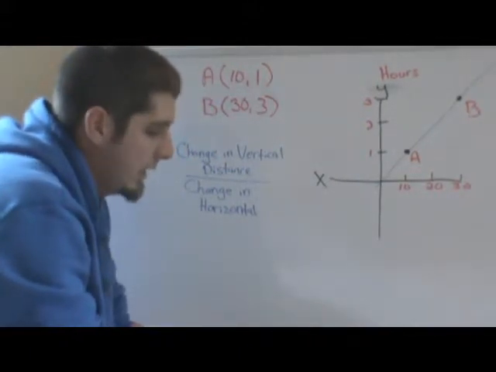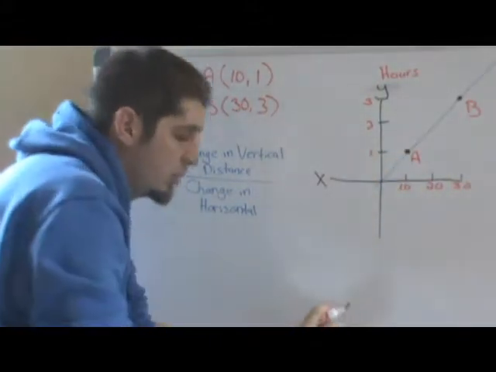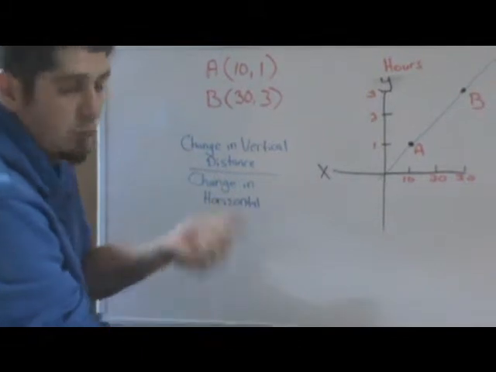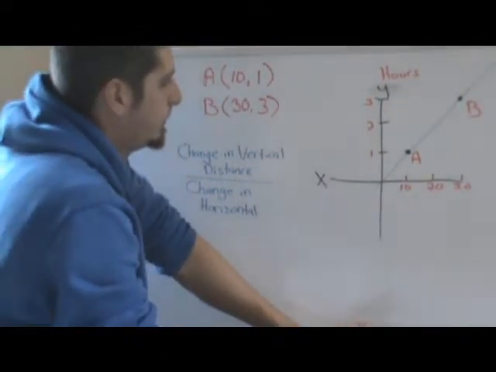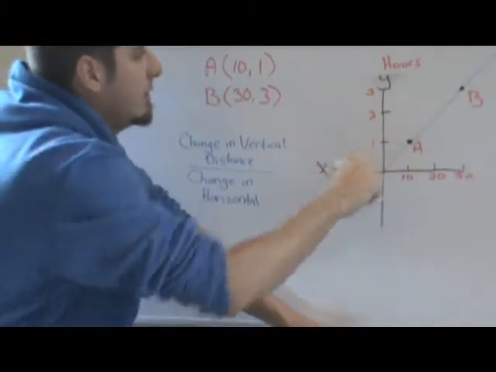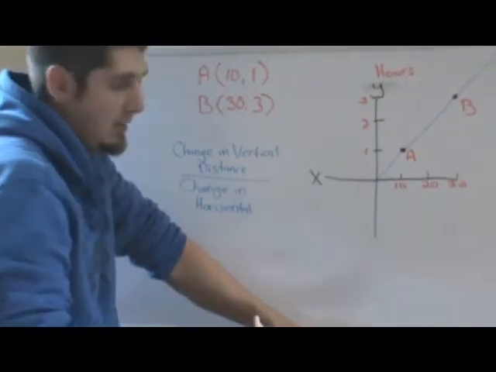if you want to take a look at it, there are two ways to find slope, or rate of change. They're the same thing. The first way is to actually use the graph. Pick 2 points on the graph and then manually find it.